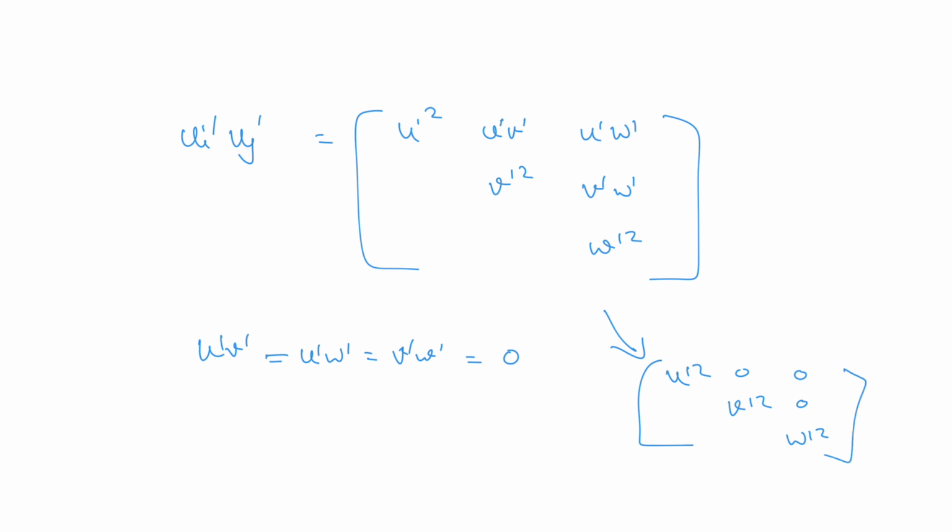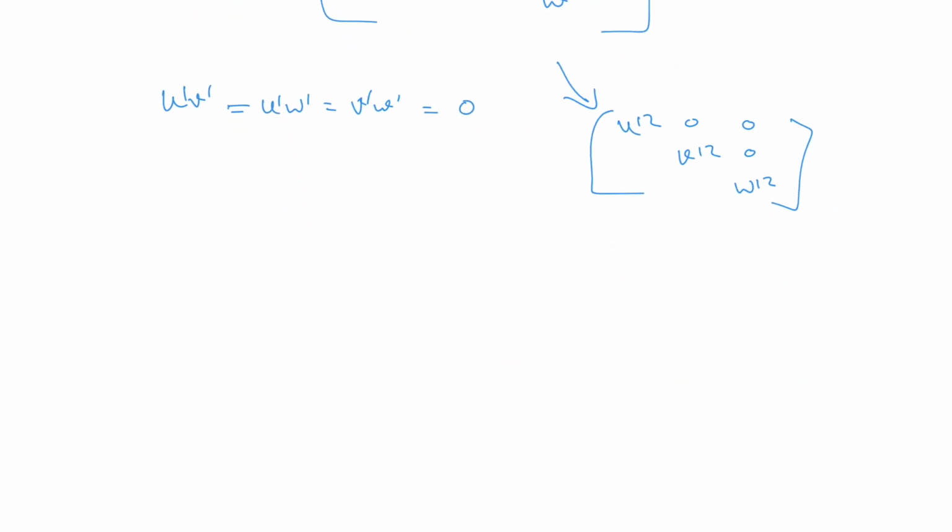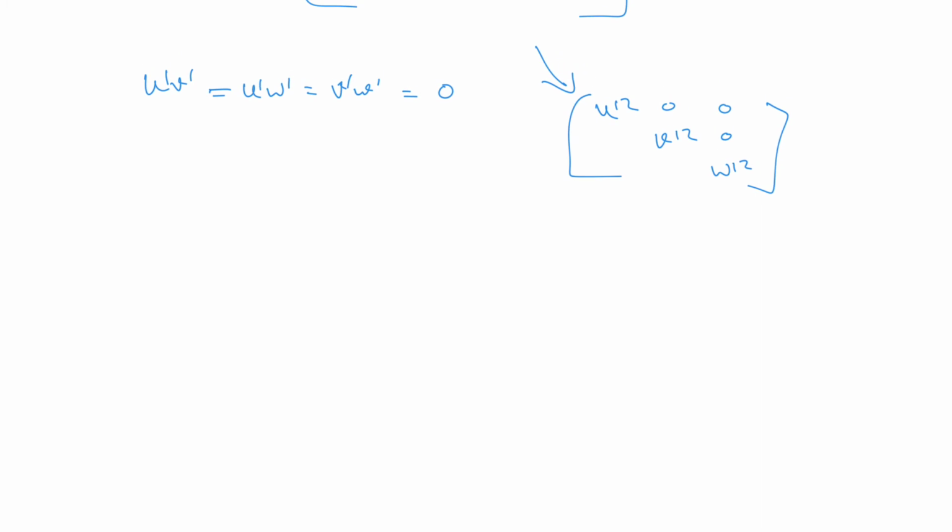This is a symmetric tensor. Since you do not have the transfer of momentum from one direction to another, only these diagonal components exist. Now, if u dash square equals v dash square equals w dash square, you can easily find that this will be isotropic.